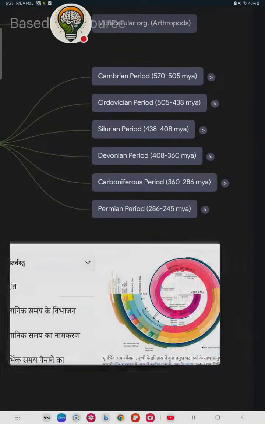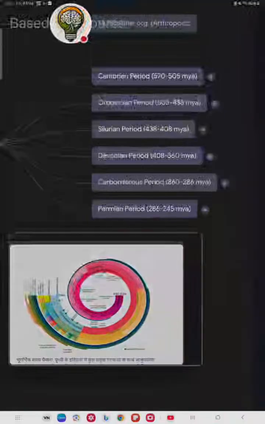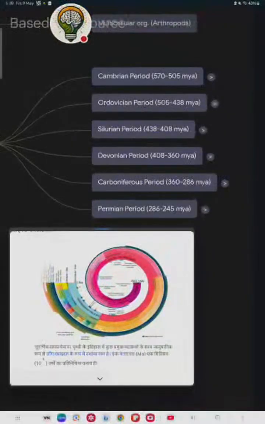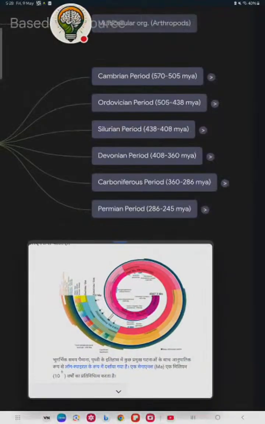Cambrian 570 to 505, Ordovician 505 to 438, Silurian 438 to 408, Devonian 408 to 360, Carboniferous 360 to 286, and Permian 286 to 245.